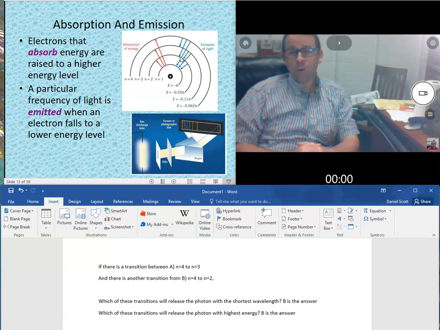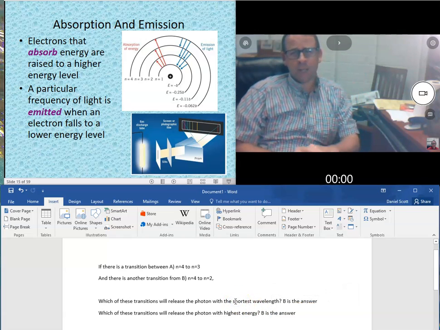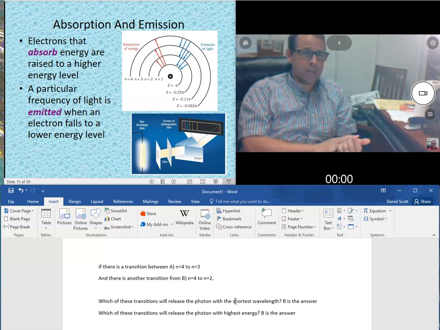So those two different photons, or if you could think of it as the color of those two different lights, are going to be different. Those photons of energy are going to be different. The one that's releasing energy from 4 to 2 is going to be releasing higher energy than the 4 to 3. And so in terms of energy, maybe it's easy to think, oh yeah, 4 to 2 is more than 4 to 3, so highest energy release is going to be B. Now, in terms of wavelength, that's not directly relatable to us in our minds sometimes, because we might think, oh, short wavelength, that's short energy, or small energy.